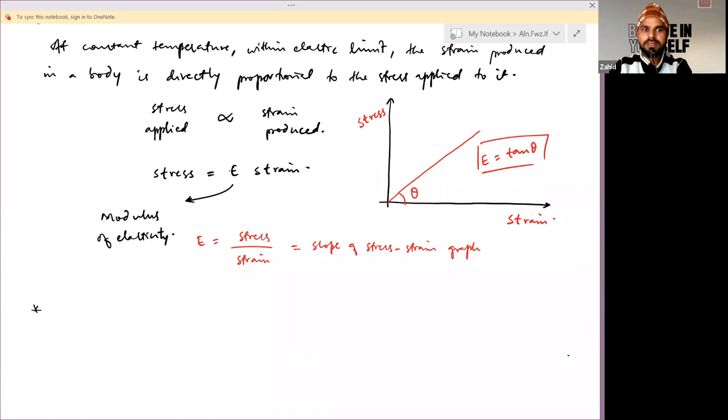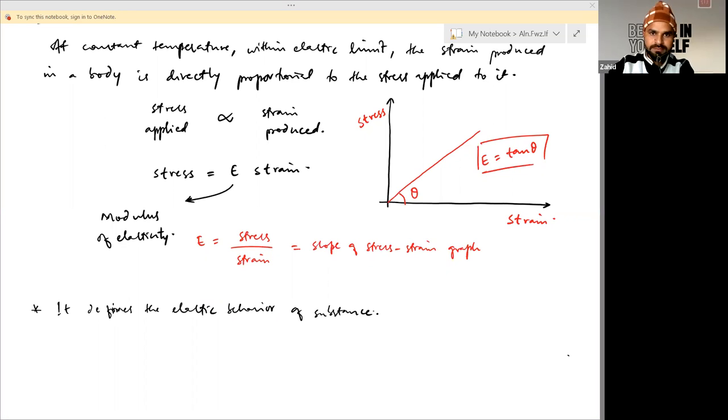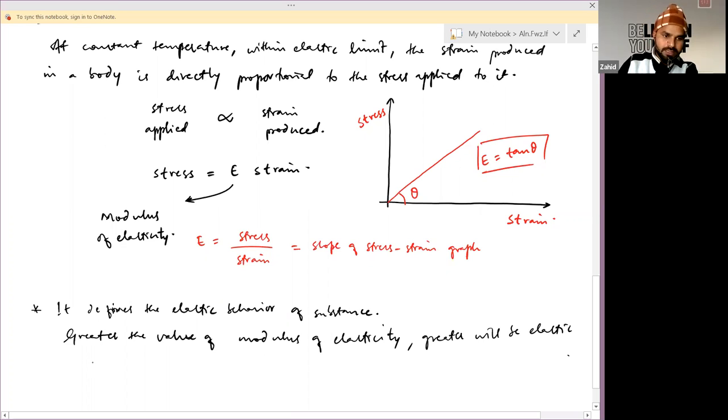Greater the value of the modulus of elasticity, greater will be its elastic nature.